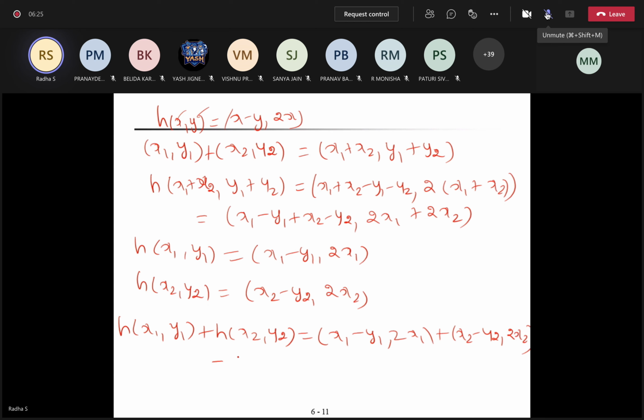So if you add, what happens? This becomes x1 plus x2, I'm just rearranging, minus y1 minus y2 comma 2x1 plus 2x2.